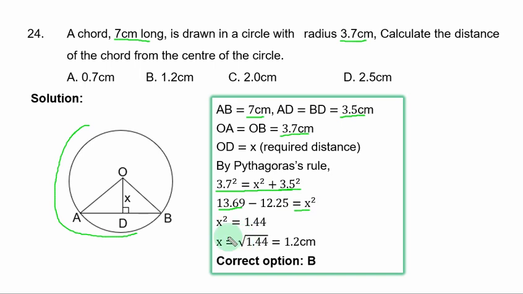If you subtract, S squared is equal to 1.44. To get S, you take the root of both sides, and S is equal to root of 1.44, and that is 1.2 centimeters. B is the correct option.